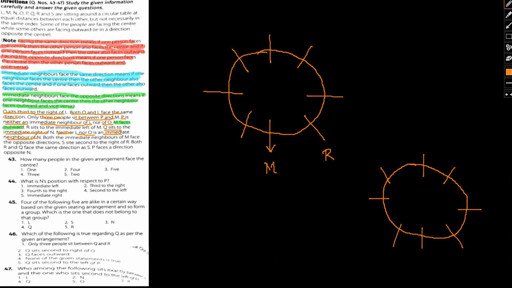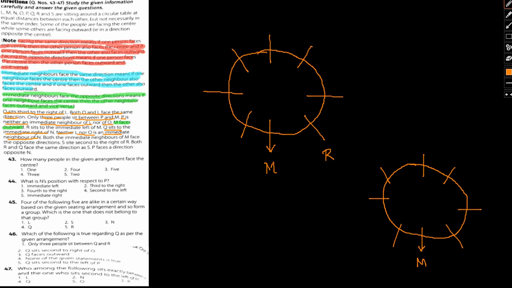Both immediate neighbors of M face opposite directions, that is R and M. So let me draw M here. Again, M faces outside.